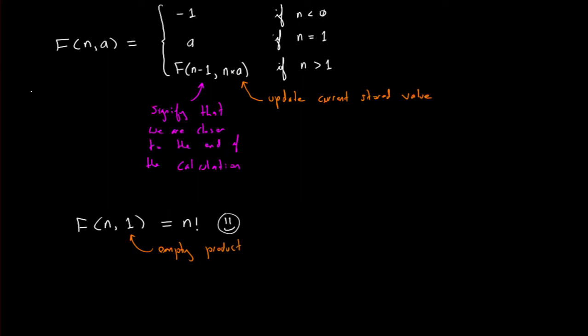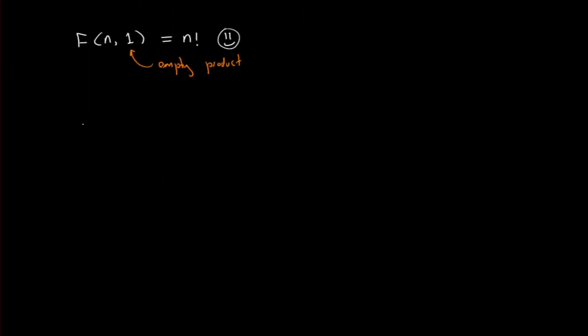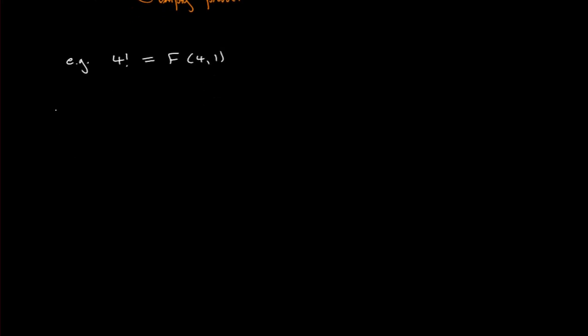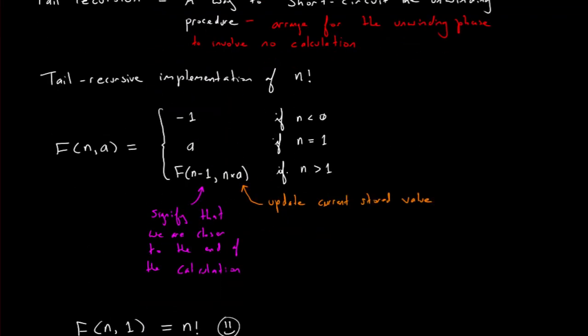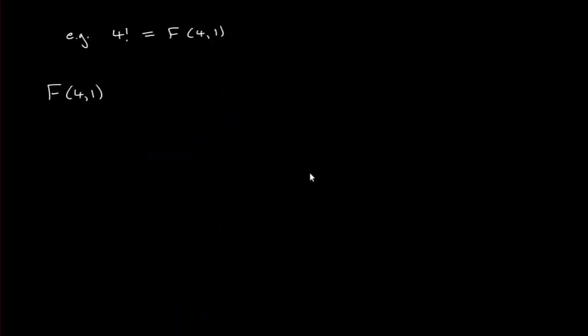Okay, let's do an example. The example we've been doing is 4 factorial, and we're going to compute that as f of 4, 1. Let's see what happens. We have f of 4, 1. Well, 4 is greater than 1, so we get f of 3, and n is reduced by 1.